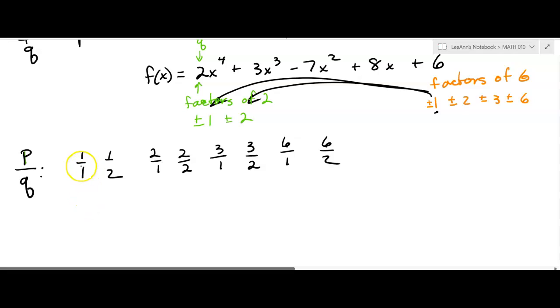Now I'm going to simplify. 1 over 1 is 1. 1 over 2 is going to be 1/2. 2 over 1 is 2. I don't need this because I already have the 1. 3 over 2. 6 over 1 is just 6. And 6 over 2, I don't need that because that's 3 and I already have it. I make them all plus or minus.